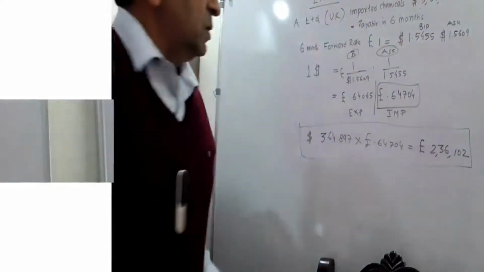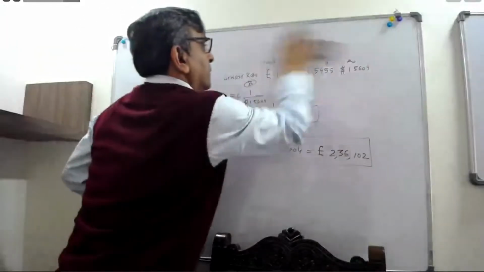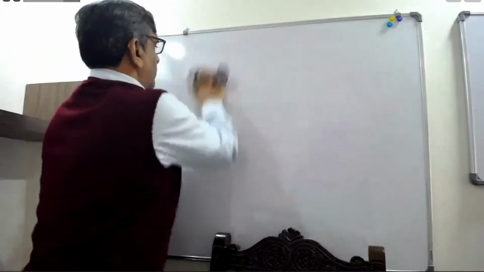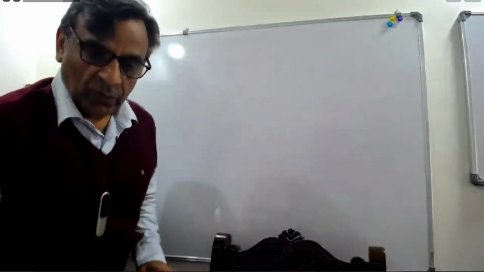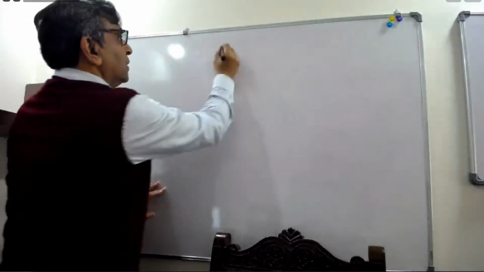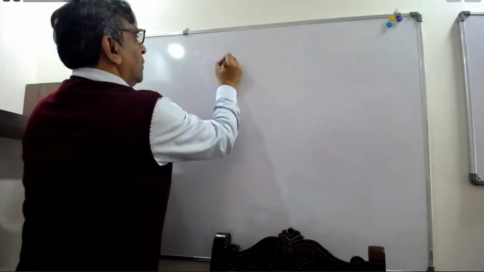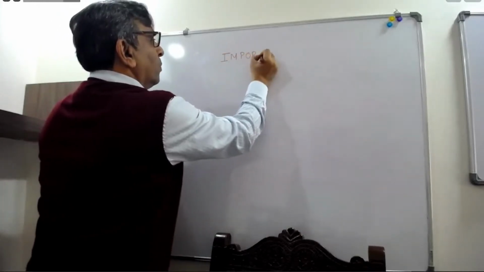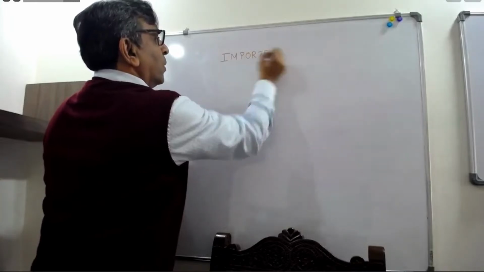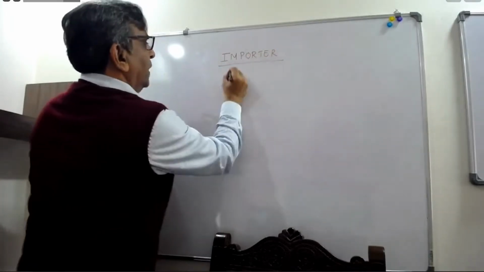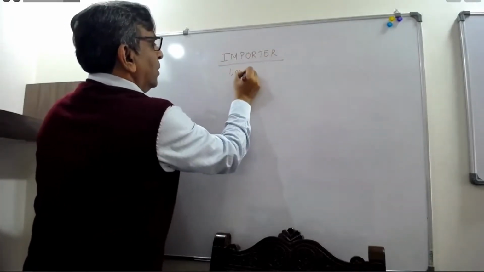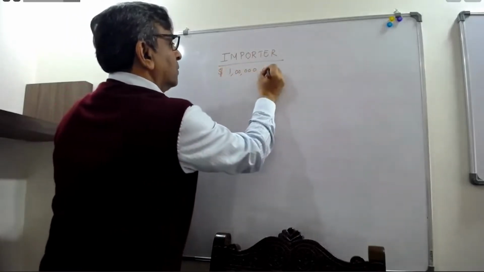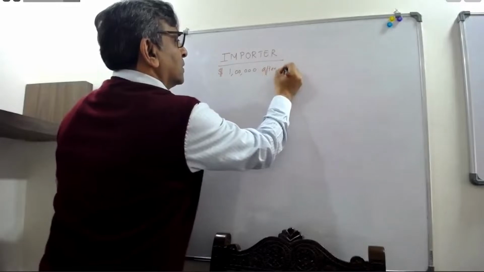So let me explain this on a board. Suppose you are an importer, and you are supposed to make a payment of $1 lakh after 6 months.